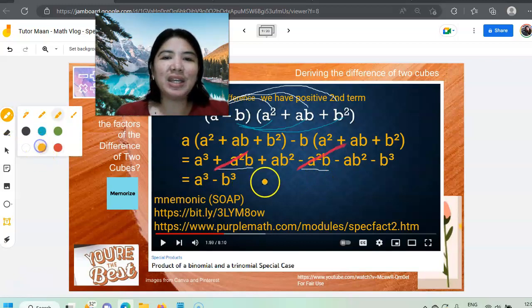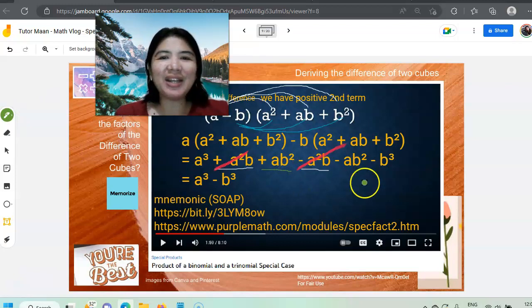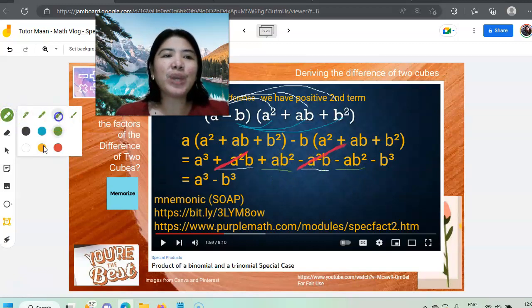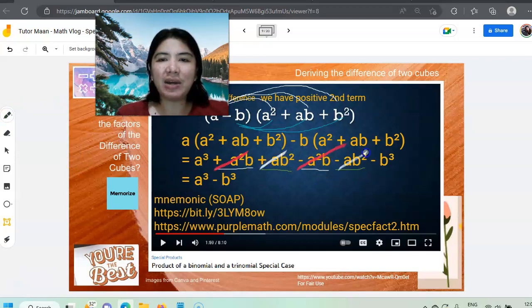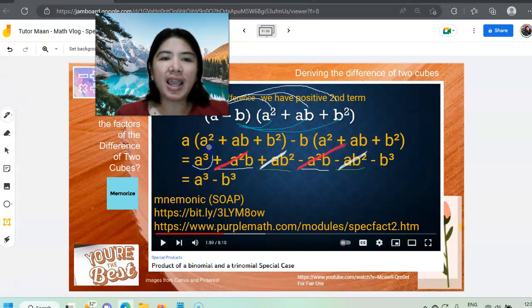And then this one is positive ab squared, and then this one is negative ab squared. So like terms, different signs, so we can cancel them out. That will be equal to 0. So what remains now are a cubed and negative b cubed.